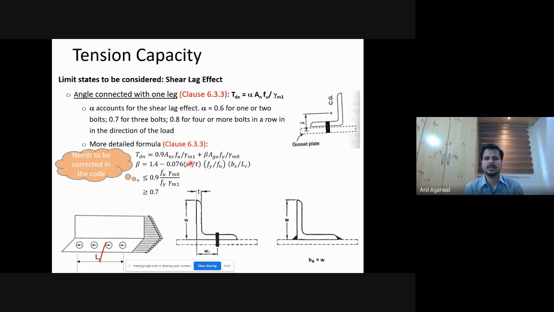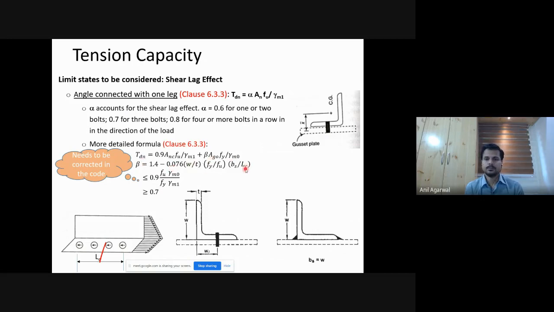For a larger LC, this one becomes smaller. That means, because this portion is in negative, this total beta value becomes larger again. So for a larger LC value, your beta is larger. That means if you have a longer connection, your strength of the connection is higher. Fine. That means shear lag effect is less.